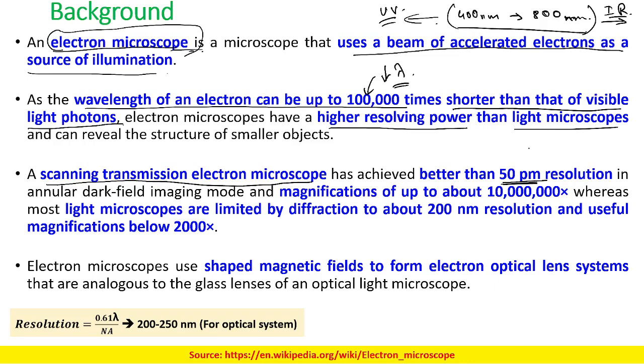That means if there are 2 particles which are 50 picometer apart, the transmission electron microscope will be able to resolve them. Here we can get magnifications up to 10 million, or 100 lakhs, whereas light microscopes are limited by diffraction, as I already told you, to about 200 nanometer resolution, and they are useful at magnifications below 200x.